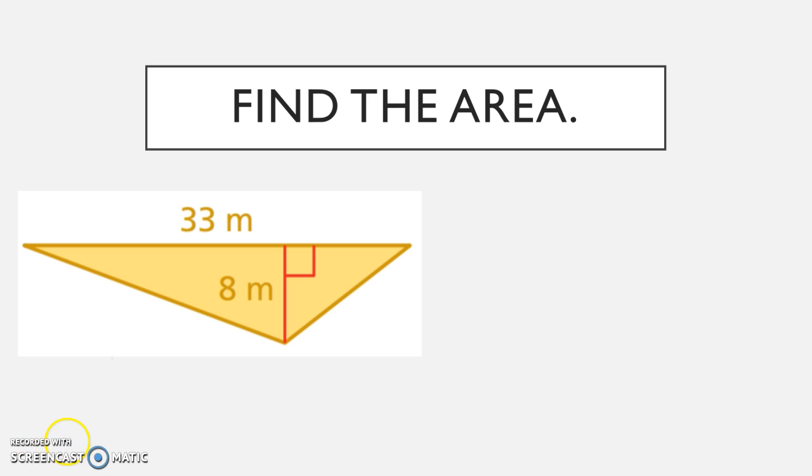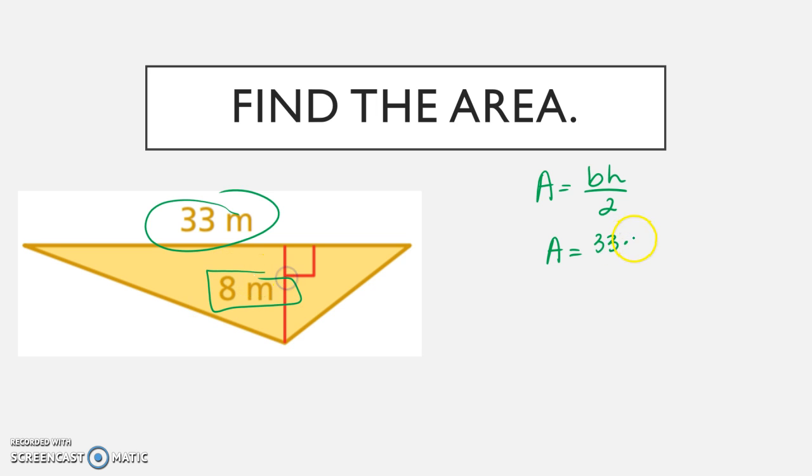Our last problem, again, is just another area problem for a triangle. So I'm going to go back to the area formula, base times height divided by 2. Our base here is 33. Our height is 8. And then we're going to take that product when we multiply it together, divide it by 2. So here, when we multiply 33 by 8, we get 264.